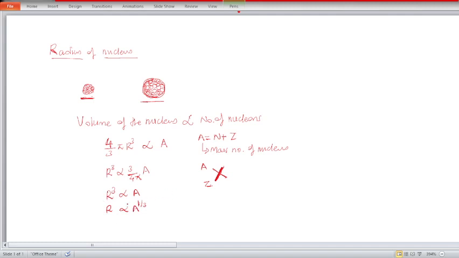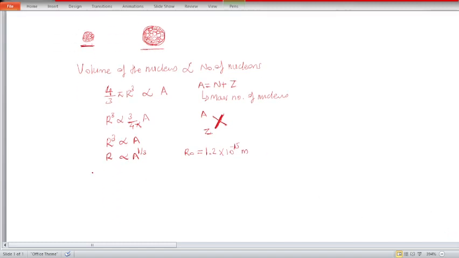And to remove this proportionality, we put in a constant, which we obtained from different experimental results, and that constant is R0, which has the value 1.2 times 10 raised to minus 15 meter.